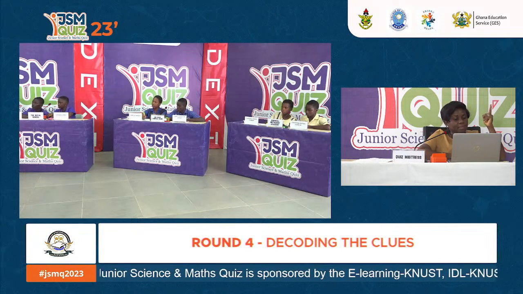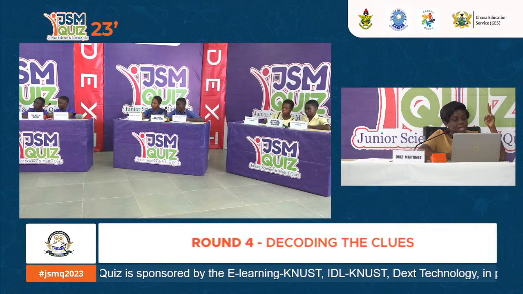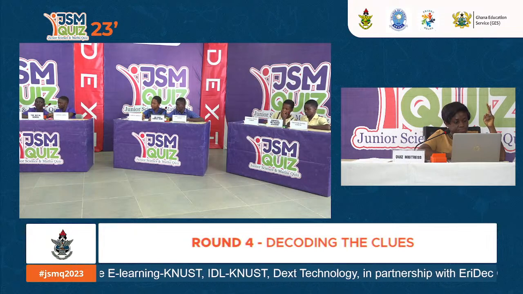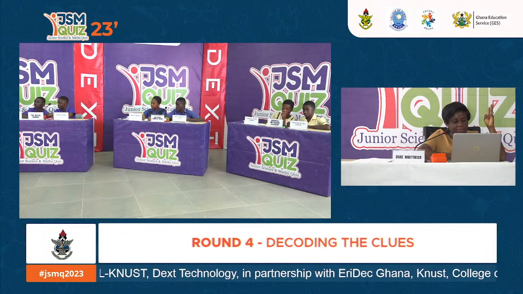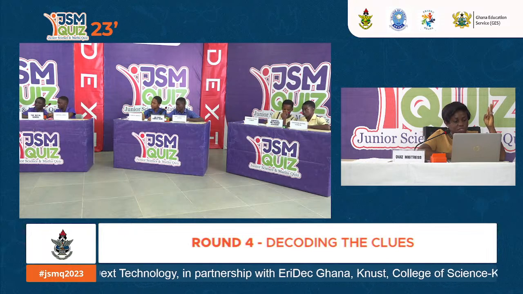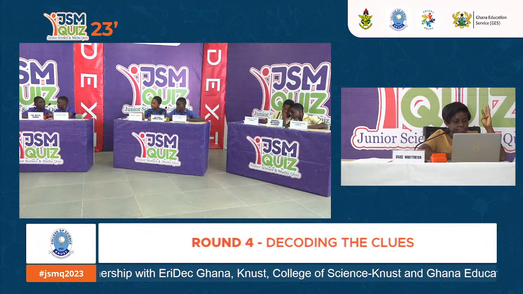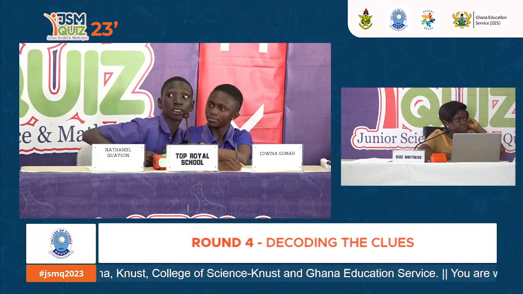I am a phenomenon of nature. I operate near coastal regions. I am caused by the fact that the heat capacity of water is greater than that of land. Top Royal. Tsunami.